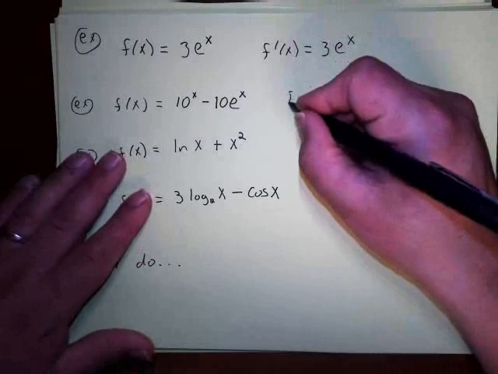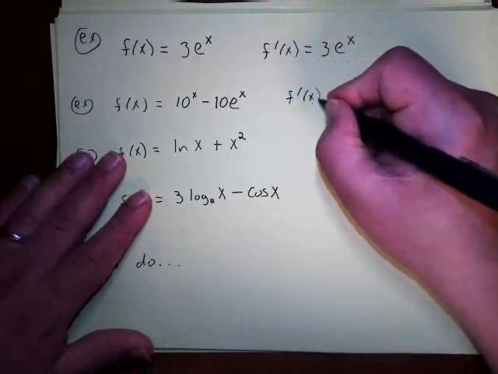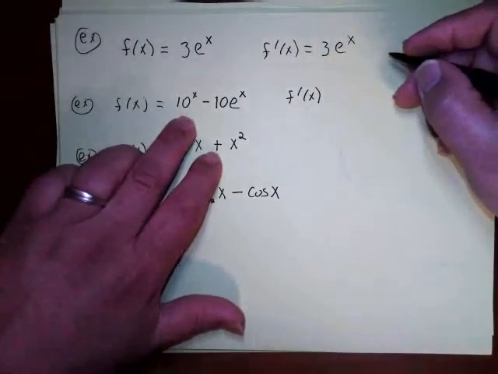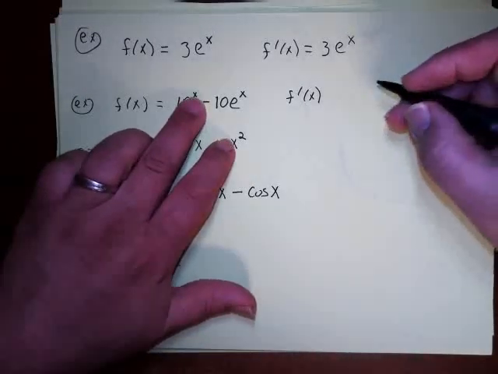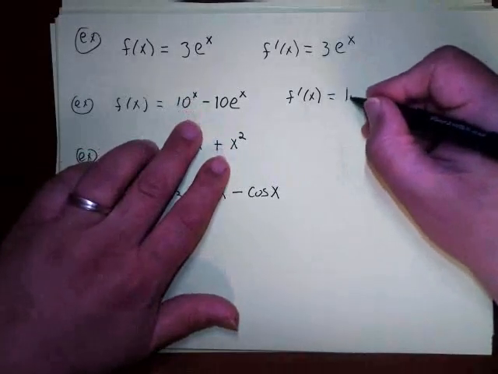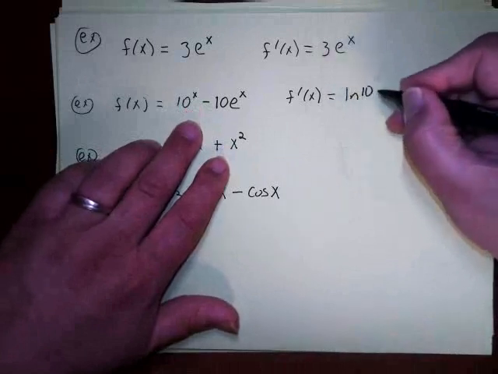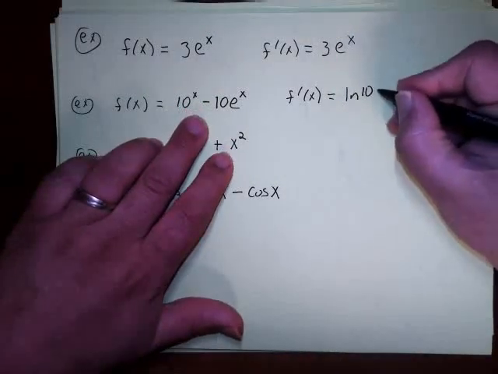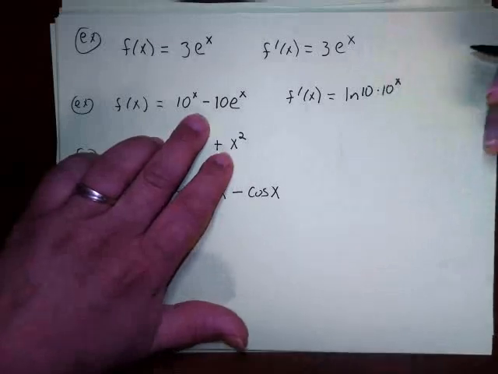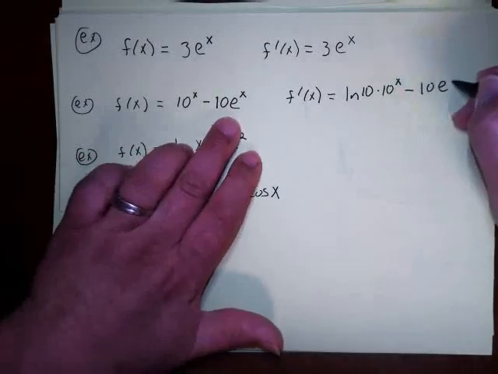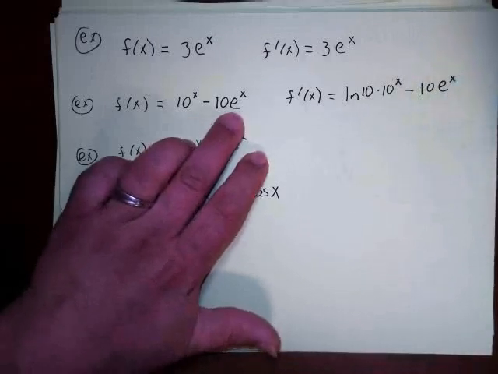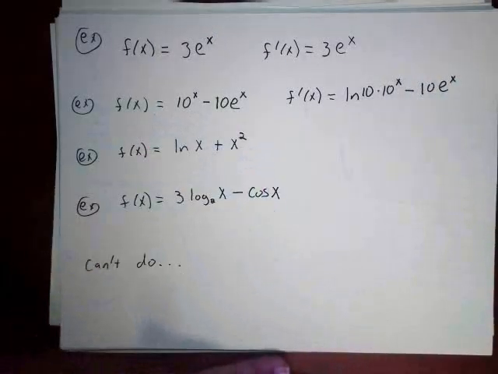Now this one here, if I take the derivative of 10 to the x, this is going to equal the natural log of 10 times 10 to the x. Okay, minus 10 e to the x. This is just that constant times the derivative of e to the x. So that's what it would look like there.